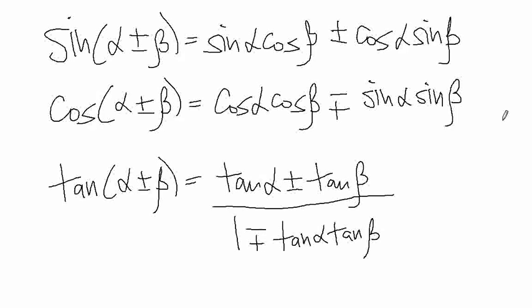Notice that in the denominator of the last identity I have a plus below the minus. So that means that if there's a sum in the numerator, I'll have a difference in the denominator. If I have a difference in the numerator, I'll have a sum in the denominator, right? Okay, so let me now show you where these identities come from.